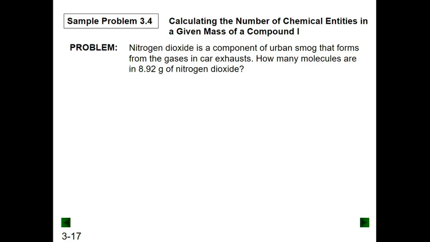Based on the Avogadro's number, 1 mole of NO2 molecules contains 6.022 times 10 to the 23 molecules. And finally, we have molecules of NO2 in our calculation.